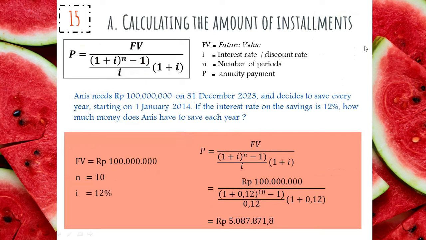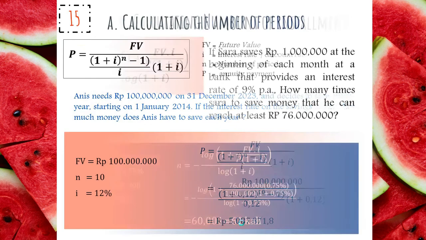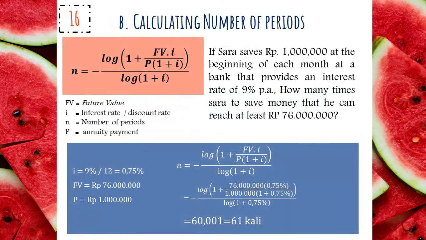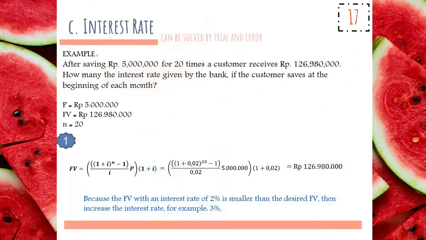Calculating the amount of installment from the formula of FV, we get P. P is the annuity payment, or we can say it is like A or PMT. The B is calculating the number of periods: from the formula of FV before, we get the formula of n, the number of periods.